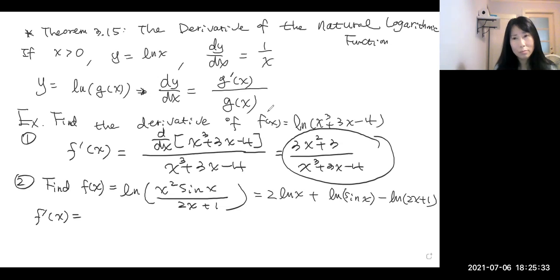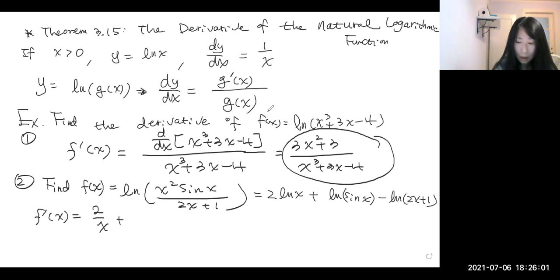Is it 2 over x? Excellent. 2 over x. Now, second term, we take the derivative of ln sine x. Is it 1 over cosine x?